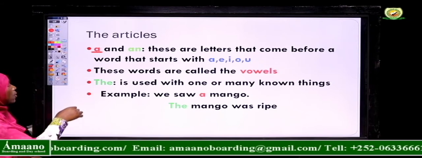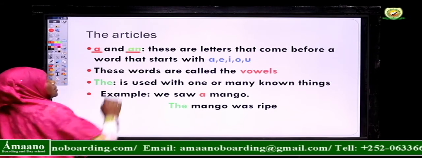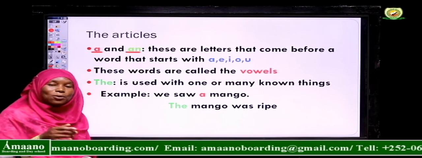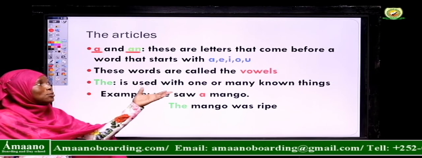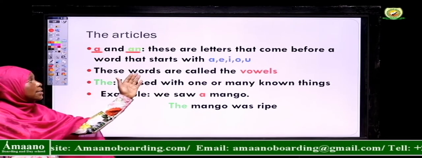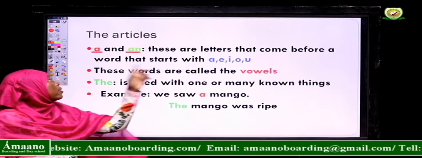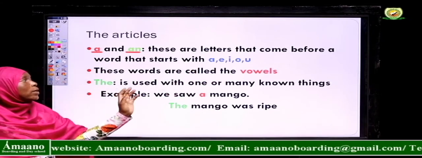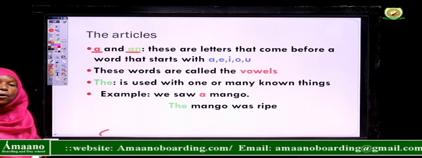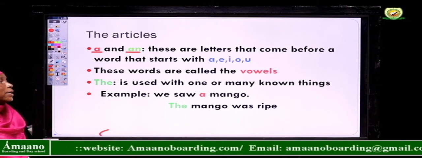Then we have article an. Article an, we have also learnt, is also very important for us to be able to use in our sentences. So we say these are letters that come before a word that starts with a, e, i, o, or u. I repeat again.